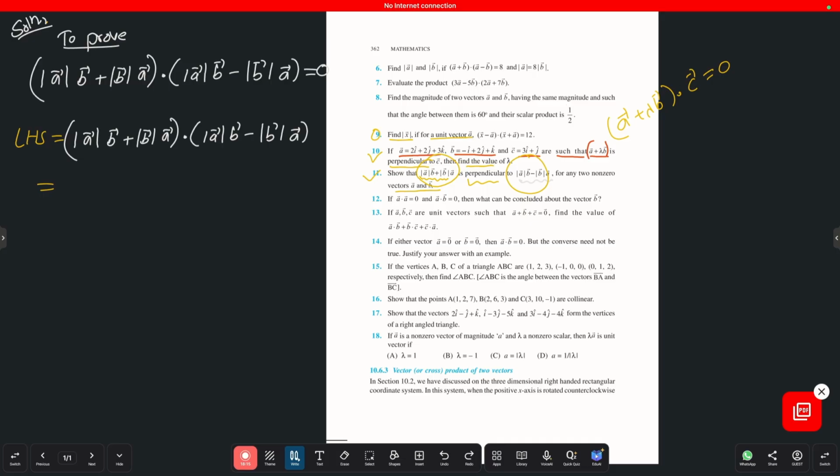What is the answer? |a| two times, so |a|², and then b dot b, also |b|². So this is |a|² and |b|². If you have not understood, I can write one more line. Is it okay? Yes or no?